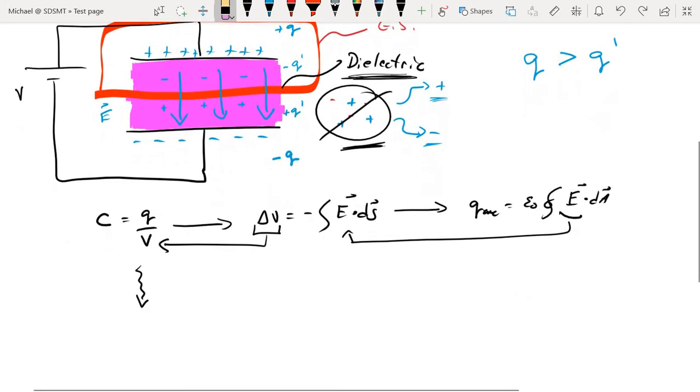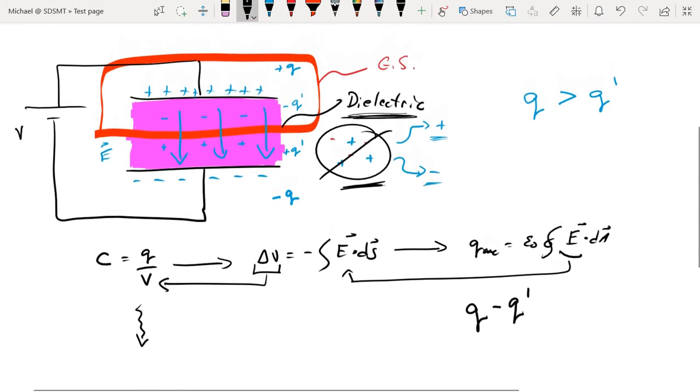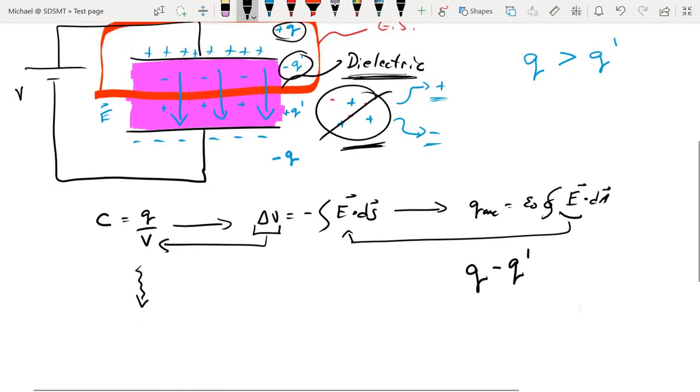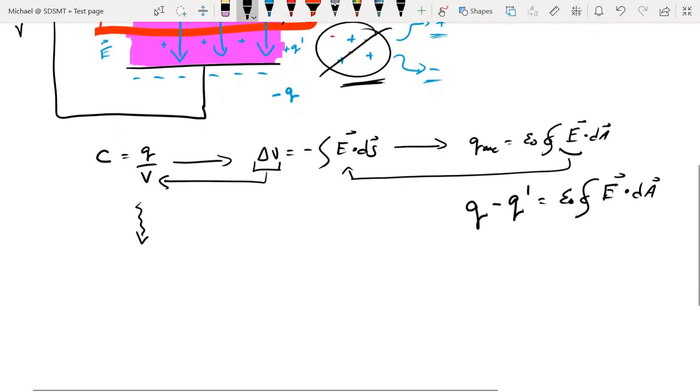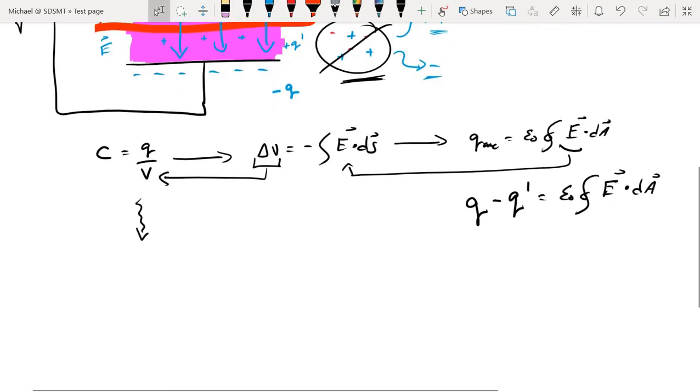The only difference now is that the enclosed charge is the difference in the charge value on the plate versus the migrated charge within the dielectric material. And that is how we're going to set up Gauss's law for this system.